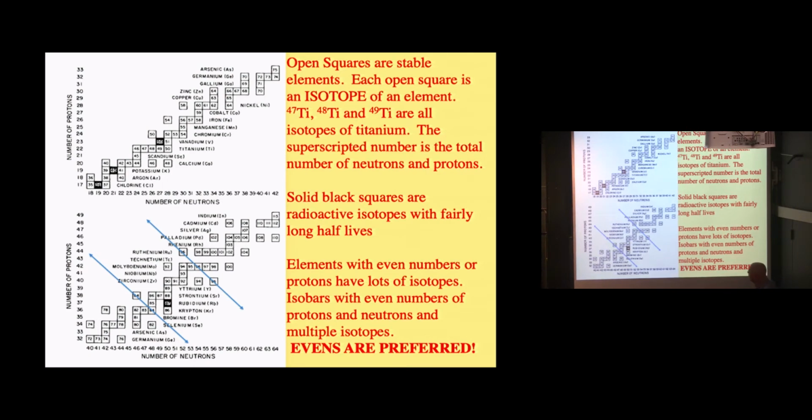You'll notice that when you take an element that's familiar to you, like titanium here, you can see there are different boxes, and those boxes are the isotopes of titanium. All titanium has 22 protons, but it can have either 24 neutrons or 25 or 26 or 27 or 28.